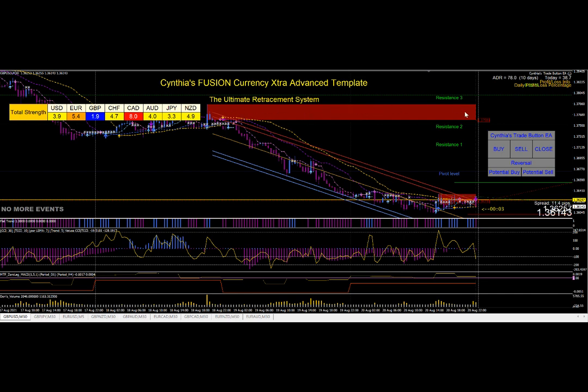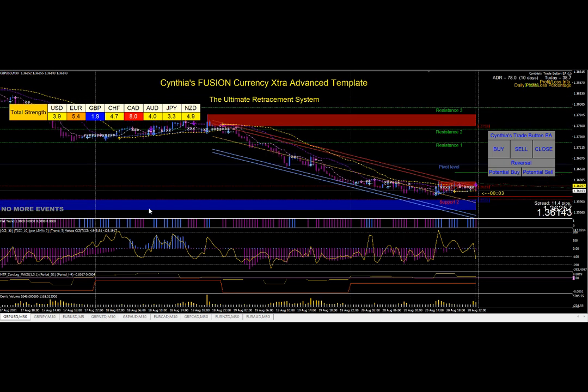Because this is such a special indicator, we trade mainly by selling out of the red zone and then exiting out of the blue support zone, and conversely on other charts I'll show you how we buy out of the blue zone and then exit out of the red zone.